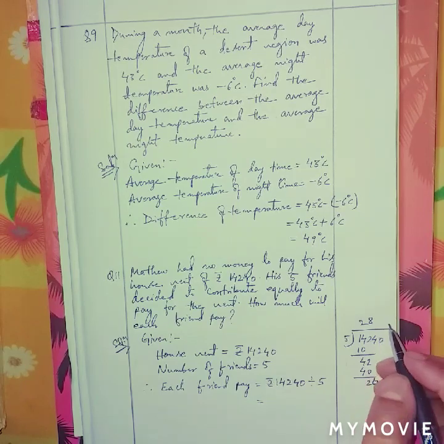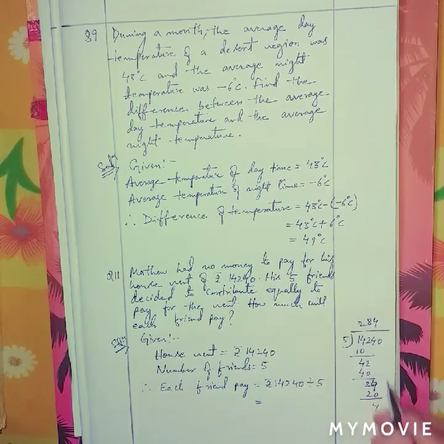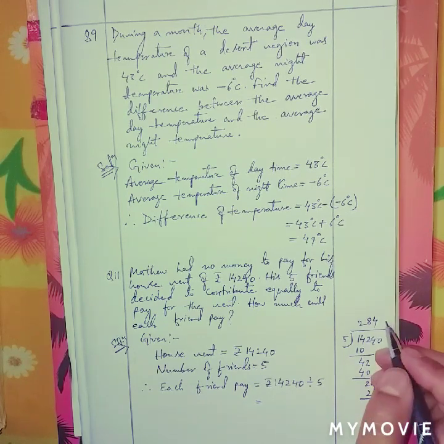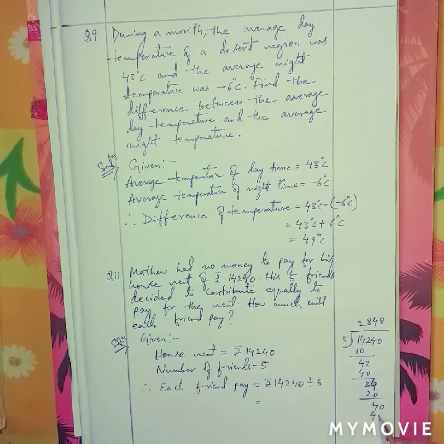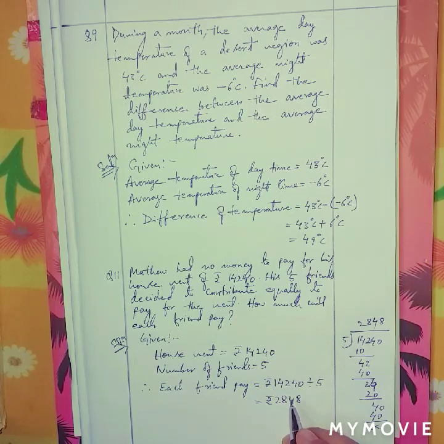So 5 4s are 20. 4 comes here, 0 comes here, 5 8s are 40. So we are getting the answer as rupees 2848. So each one has to pay 2848 to clear this house rent. Yes or no?